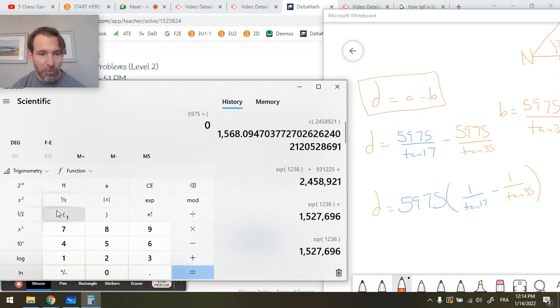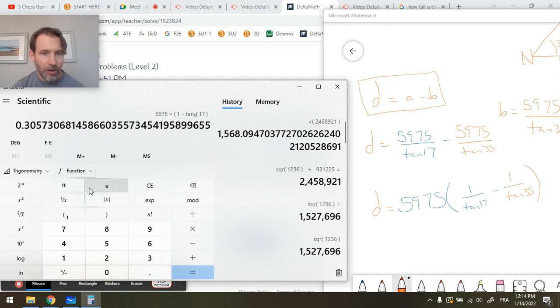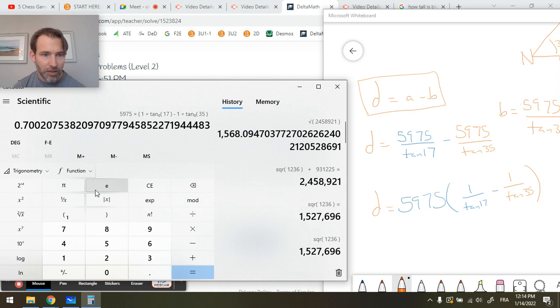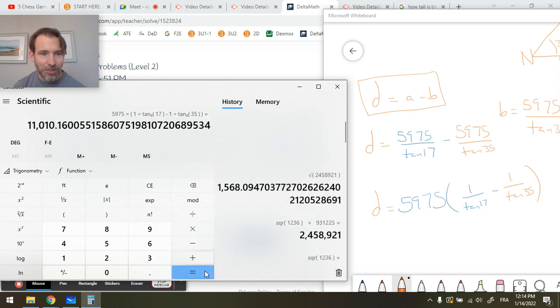5975 multiplied by bracket, 1 divided by the tangent of 17, minus 1 divided by tangent of 35, end bracket, equals.